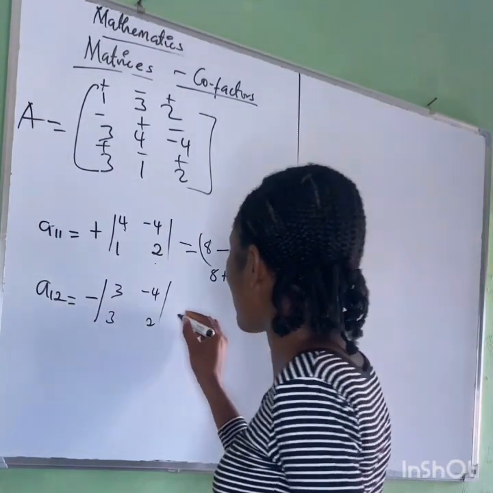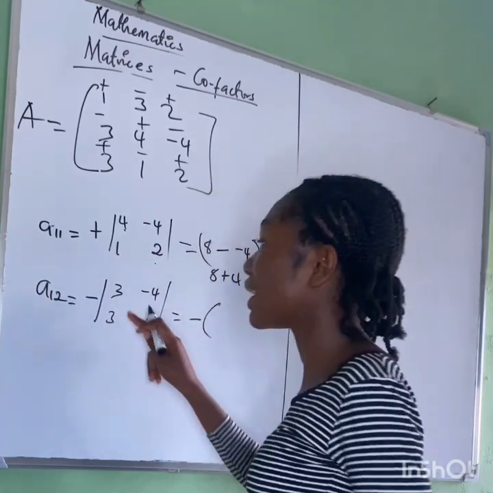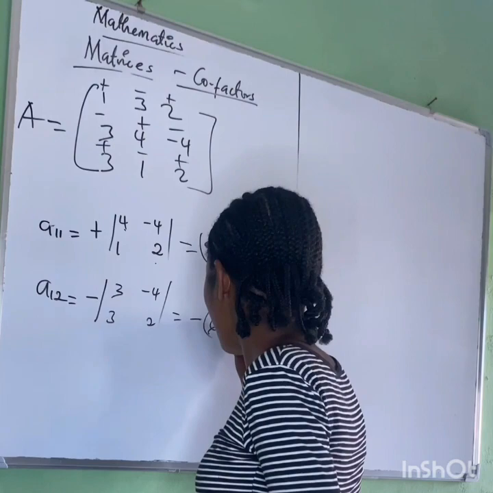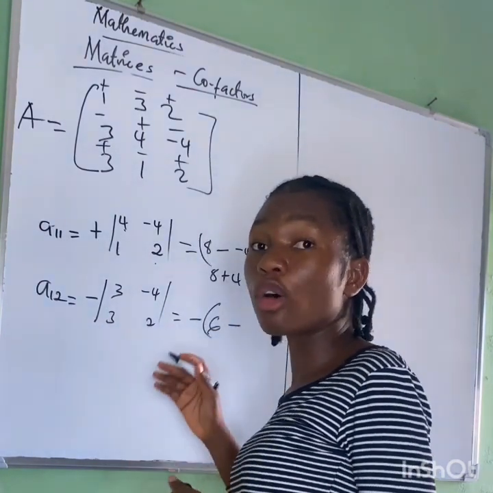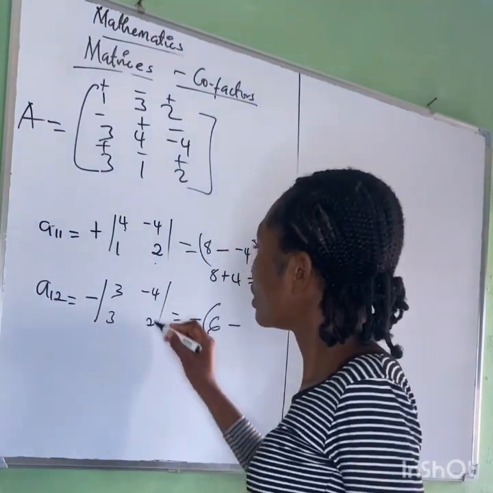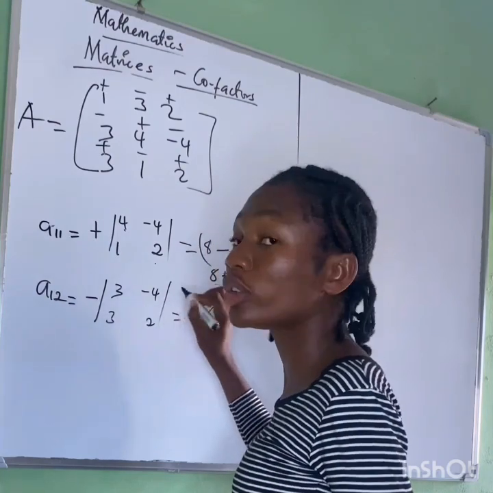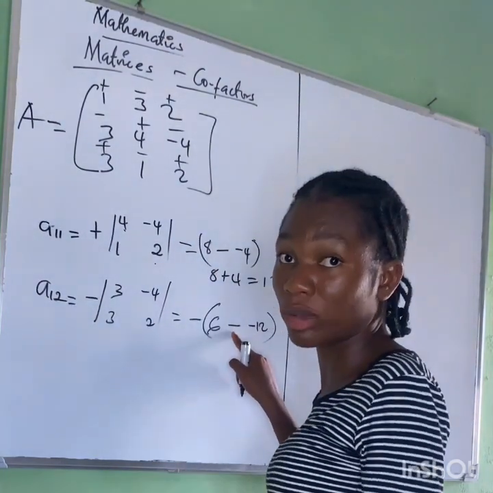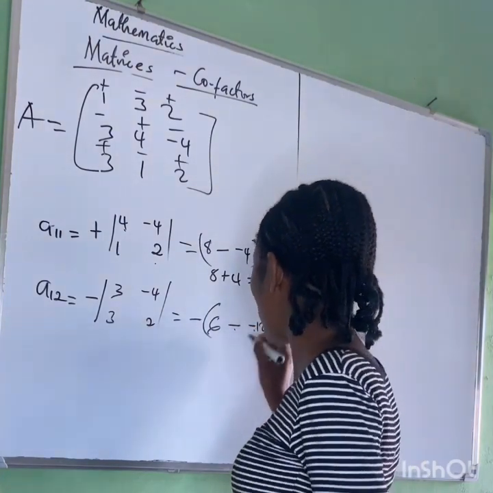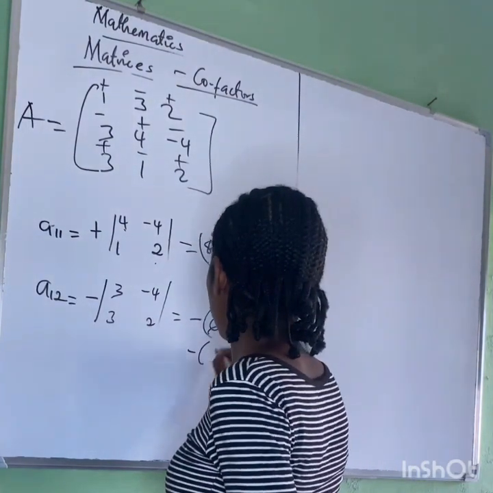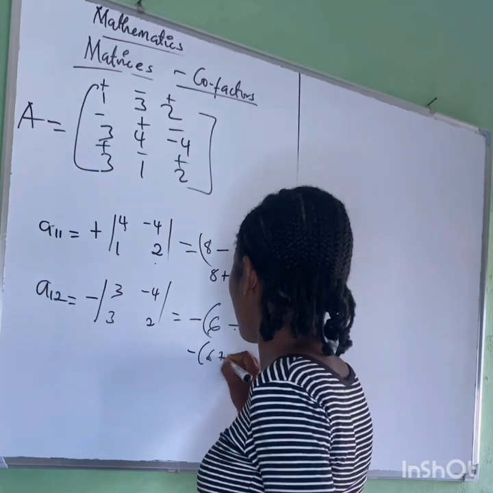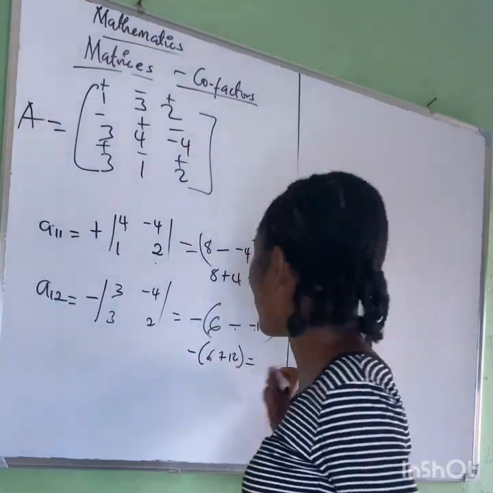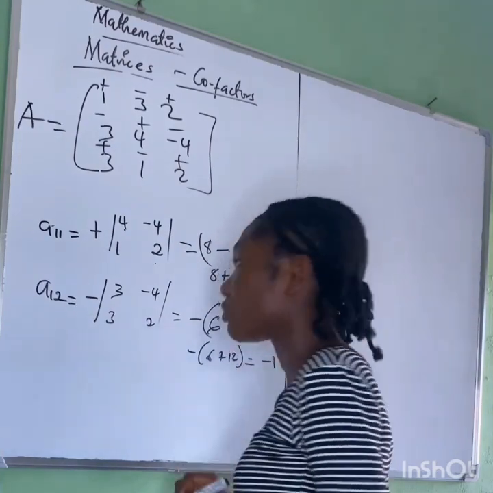Our sign outside is minus, open our bracket, our principal diagonal, 3 times 2, 6, minus the product of our minor. Now we have 3 times minus 4, which is minus 12. Now we already have a minus coming from our formula, so minus times our minus will give us plus. We'll be having 6 plus 12, which is giving us 18. Times our minus, we have minus 18.